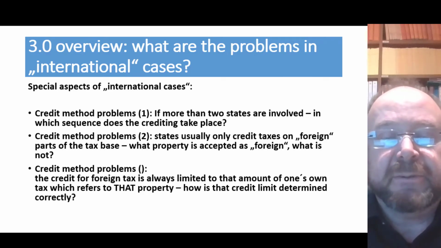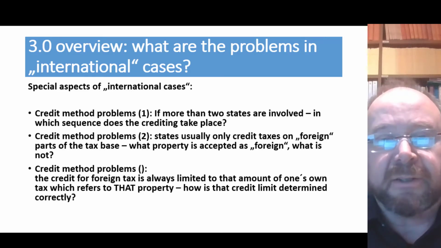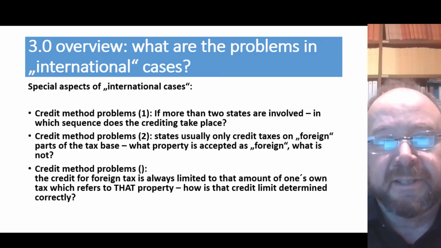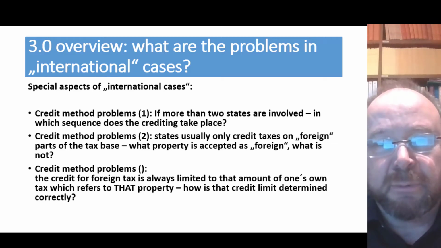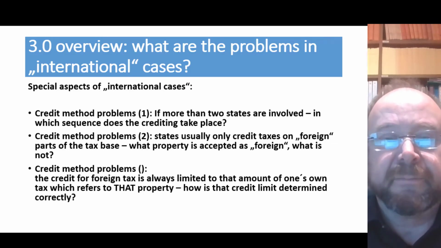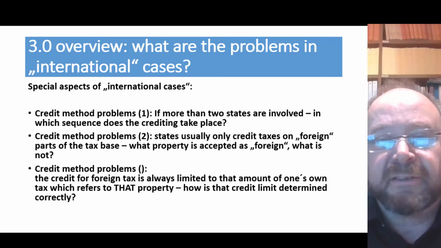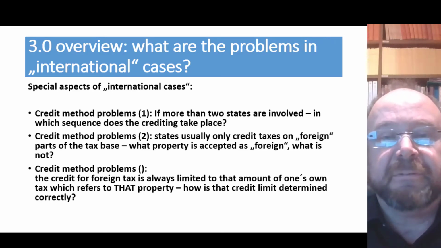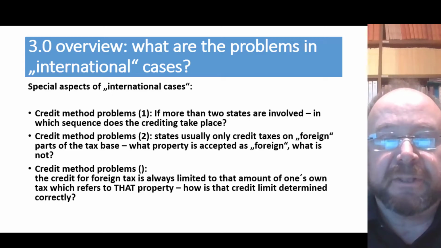And that means you need to be able to calculate which part of the total inheritance tax, which comes out when you compute the inheritance tax for all the property which was transferred worldwide, refers to that specific item in a foreign state. There are several ways how that could be done, and they have different economic consequences, so this is a problem.